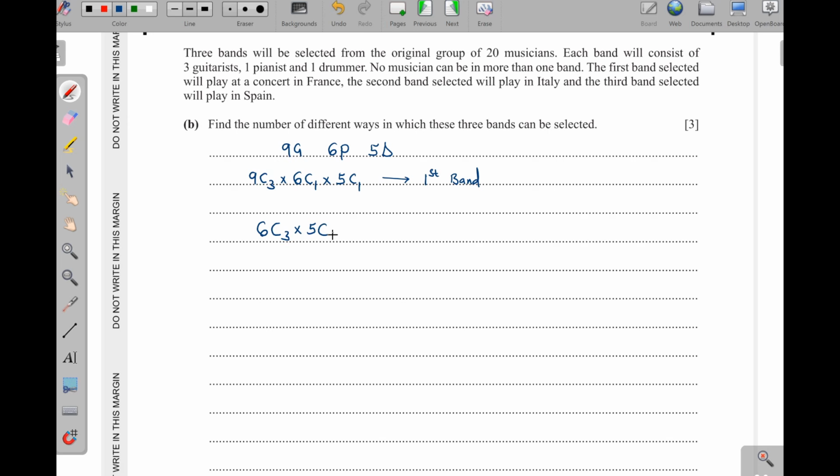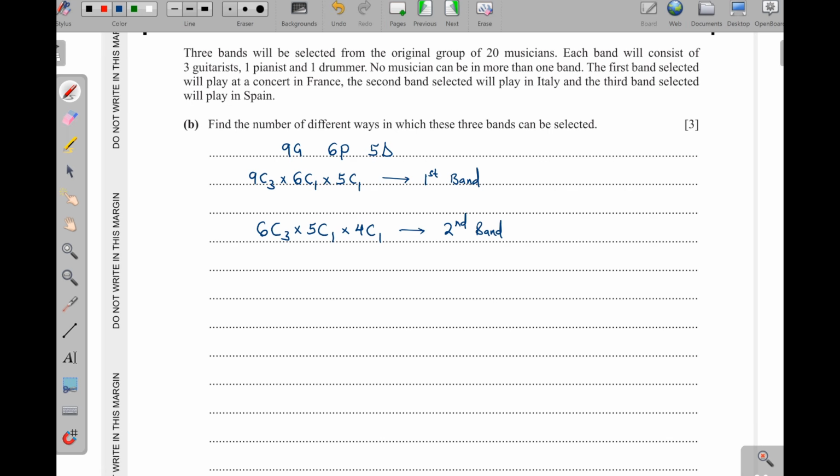Okay, combination, we need 1. And then here they are remaining 4. Okay, 4, we also need 1. This will be our second band.